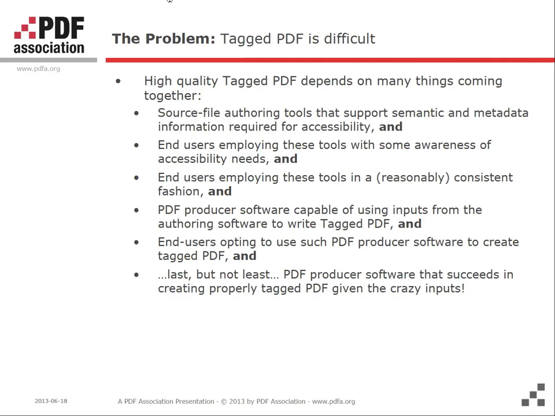PDF producer software needs to be capable of using inputs from authoring software to write tagged PDF. That is probably pretty obvious since I'm talking to a bunch of developers, but I figured it is necessary, and a very great many tools can't do that. As we were hearing from Michael Fuchs from ABBYY earlier today, speaking in response to a question, the particular decision made in that piece of software involves using a printer driver to produce a PDF file from the original.